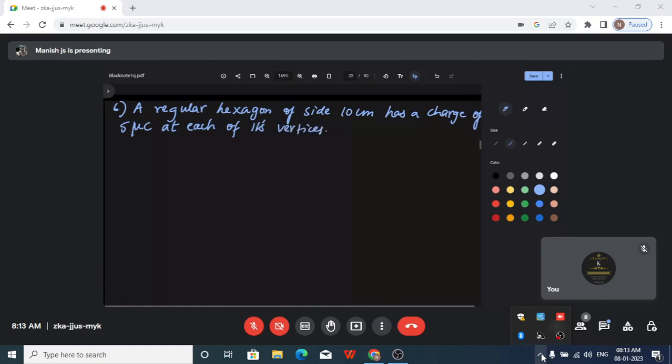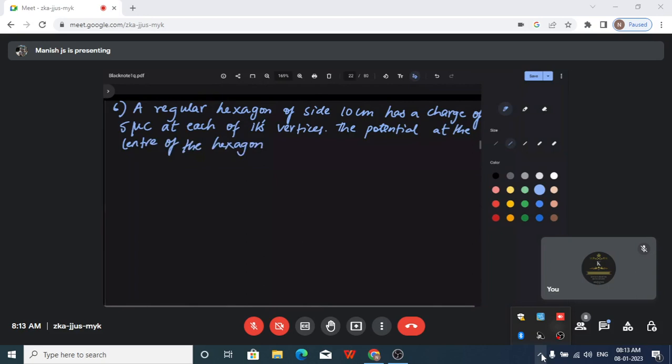அதாவது அதோட எட்ஜஸ்ல இருக்கு. The potential at the center of the hexagon.